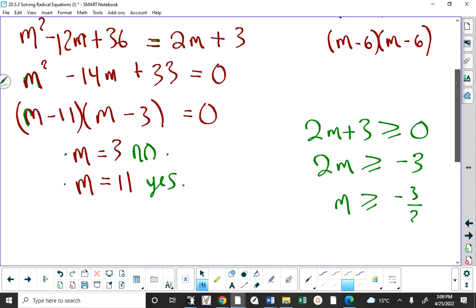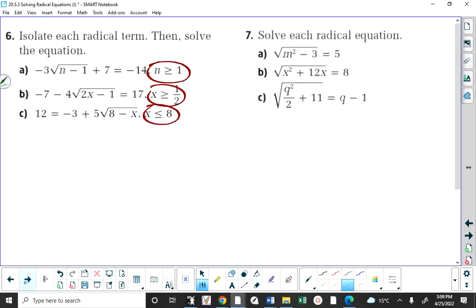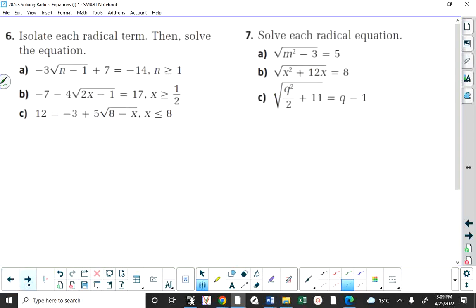You have to manually check them. 3, 4, and 6 is your assignment. This stuff, this is what I describe as parsley on the fish. It doesn't mean anything. It's just the restriction. Who cares about it? If you want to ignore that, you can. So 3, 4, and 6.